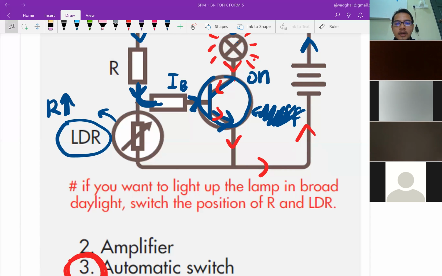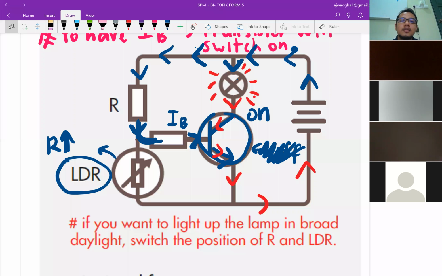If you see the arrangement with the LDR at the top, that means the bulb will light up during the day or when bright. So you need to see the position of the LDR. If the LDR is at the bottom, it lights up during night or dark, and if at the top, it lights up during the day.